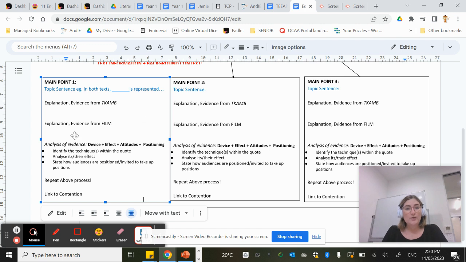This main point would be where I would talk about To Kill a Mockingbird and the particular character that shows courage. And then I would go on to, in the same paragraph, the character that shows courage as well. So this whole main point is going to be all about courage, and it'll talk about both the texts, right?